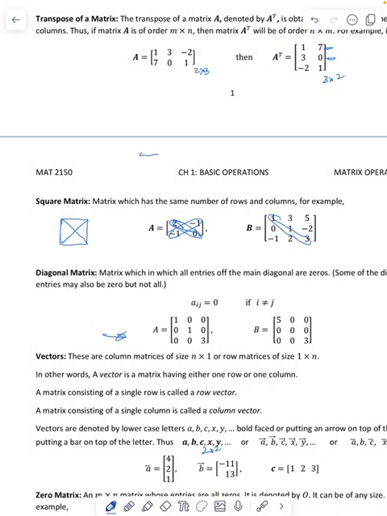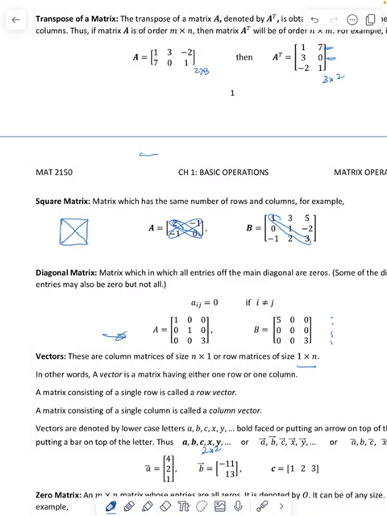Now, as I mentioned earlier, matrices which have the order n by 1, meaning there are n rows and only one column, are called column vectors. And then we can also have row vectors, which will be of size 1 by n, so there will be only one row and n columns. We again use bold-faced letters for denoting vectors.